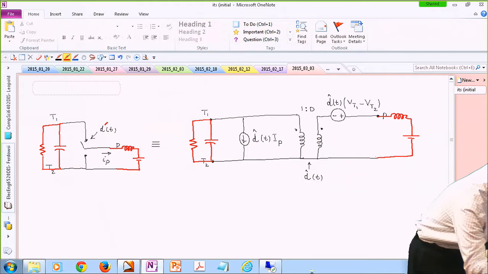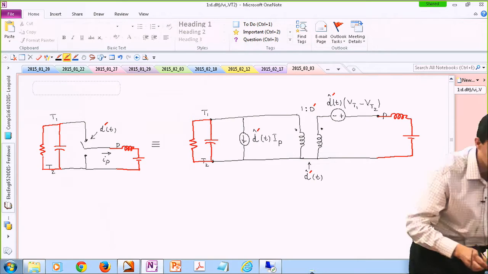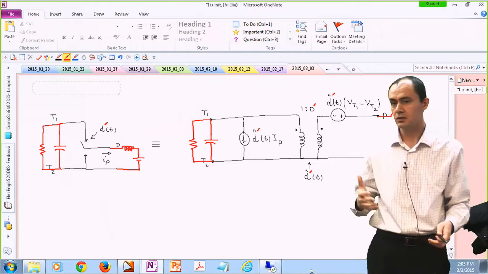Like here it's D prime. So this is going to be D prime perturbed, D prime perturbed, DC value of D prime, and again D prime perturbed. That's the only thing that you have to do.